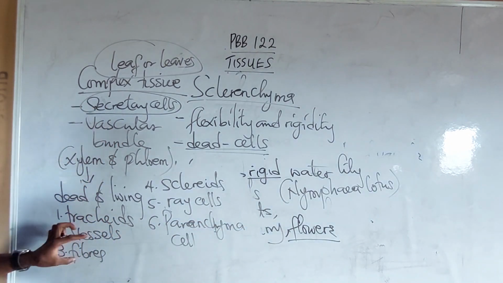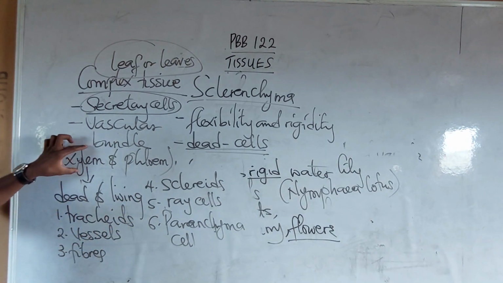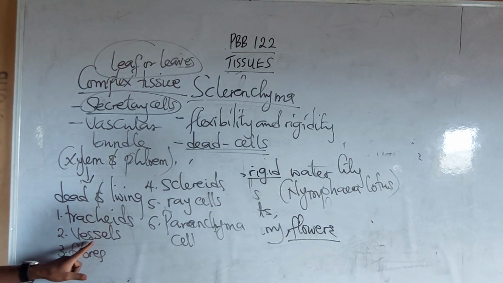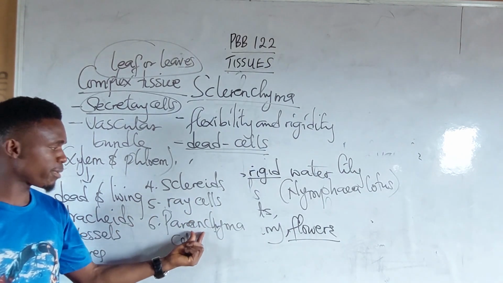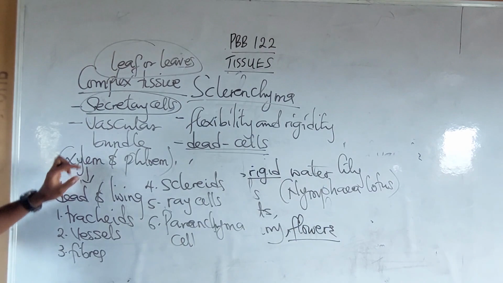So the tracheids, the vessels, the fibers, the sclerics, the ray cells, parenchymal cells are all found in the xylem.